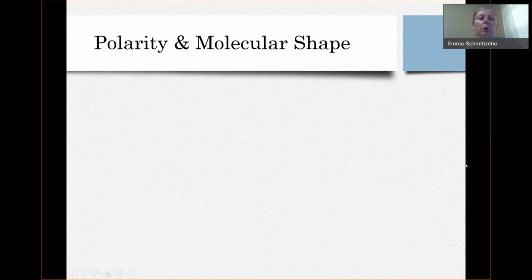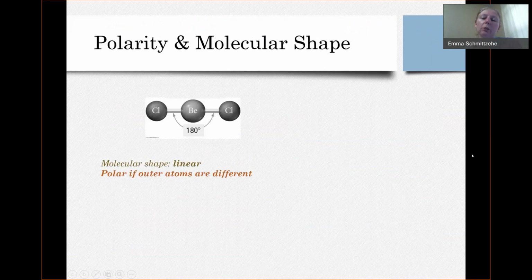So let's see. I've got a couple more little notes before we go through some more examples. I wanted to talk about the individual shapes and how they tie to polarity, because we're focused just on octet structures, and it can be simpler than when you have the exceptions.